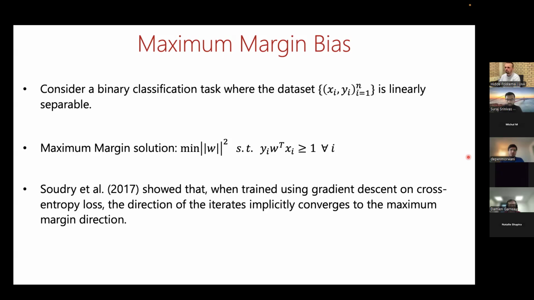What was shown in a seminal paper in 2017 was that when logistic regression is used and we use gradient descent to train, the direction of the iterates implicitly converges to the maximum margin direction. So this is the maximum margin bias known for gradient descent in a simple linear classification setting.